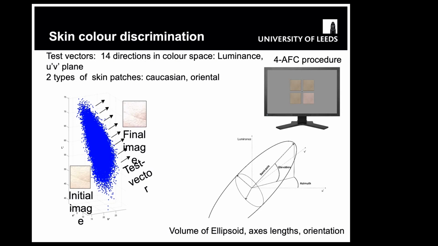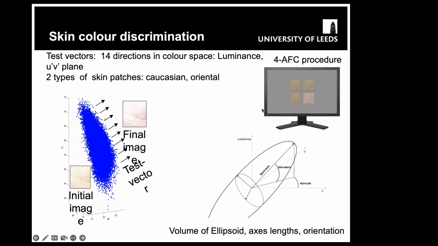The first study we worked on is skin color discrimination. When you look at the human face, it is not uniform, it is textured, right? And in this case, we tried to measure the just noticeable color difference for skin texture.